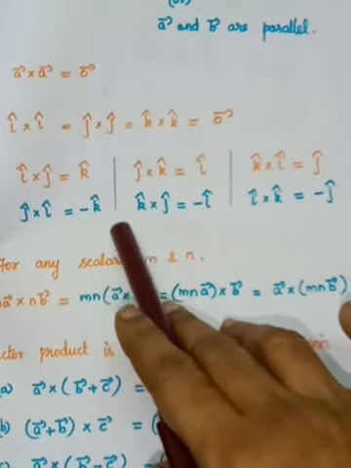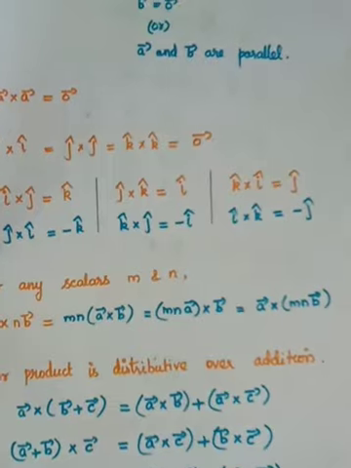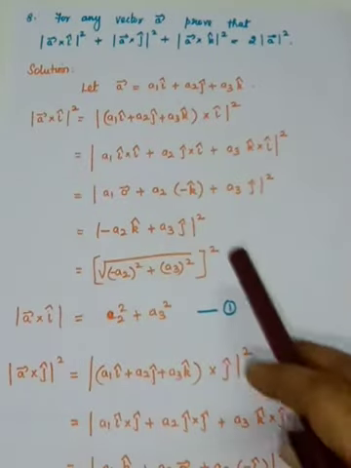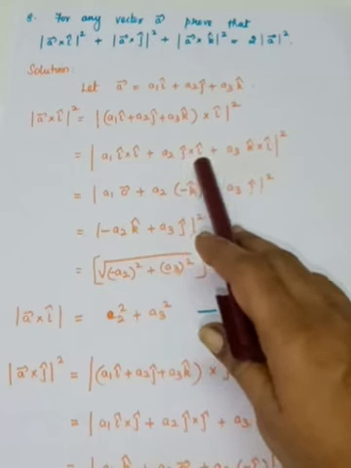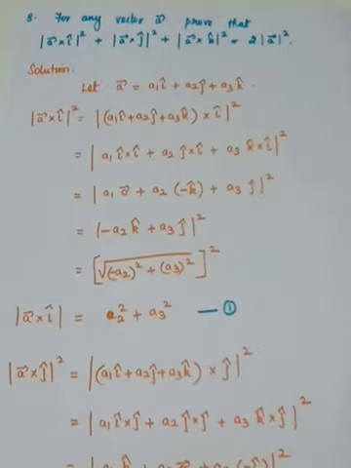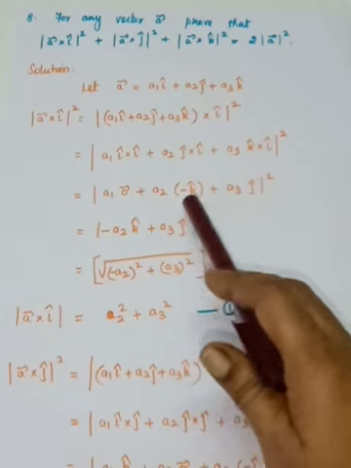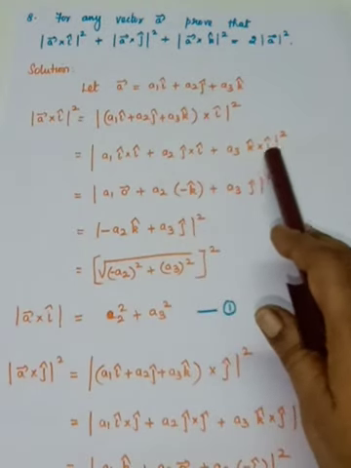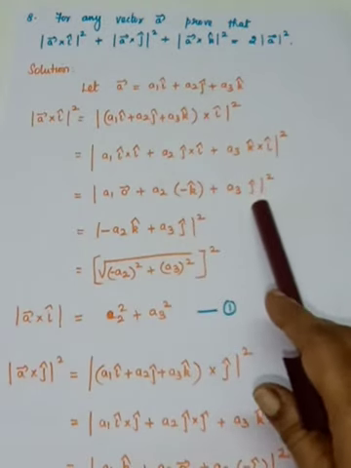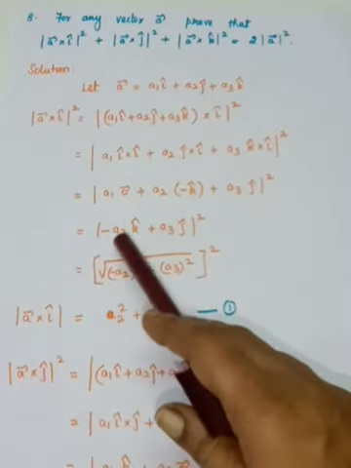If it is not in the cyclic order you have to write minus. You just go through that property and write here j cap cross i cap. Is it in the cyclic order or not? No. Cyclic order means i, j has to come, but here it is j cap cross i cap, so it is nothing but minus k cap. And here k cross i is in the cyclic order, so it is j cap. Okay, a1 into 0 vector is 0, so you will get this.